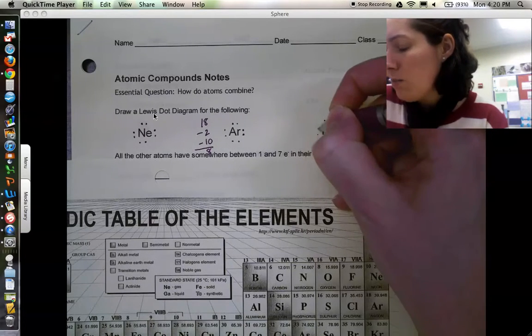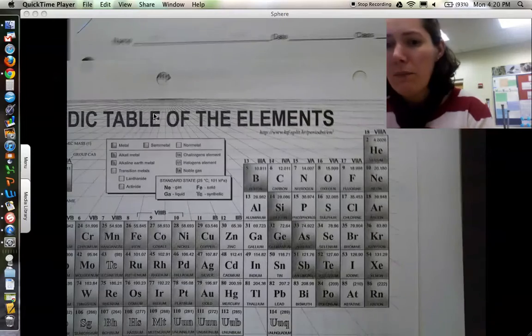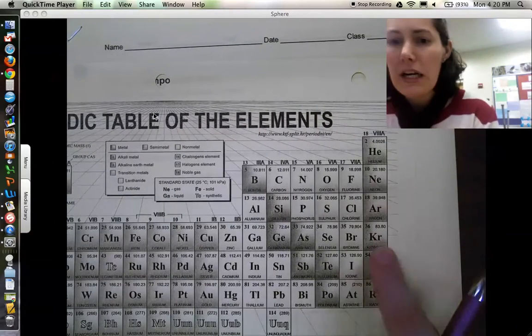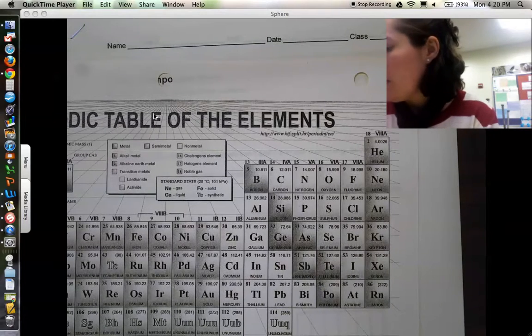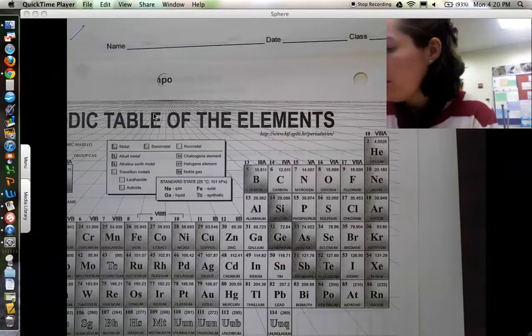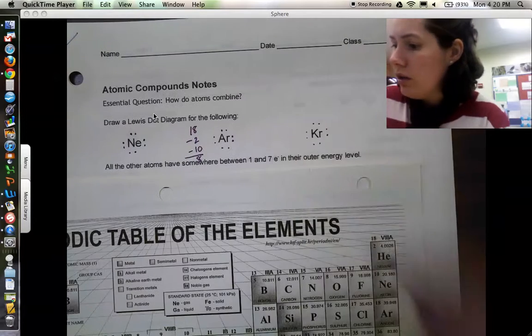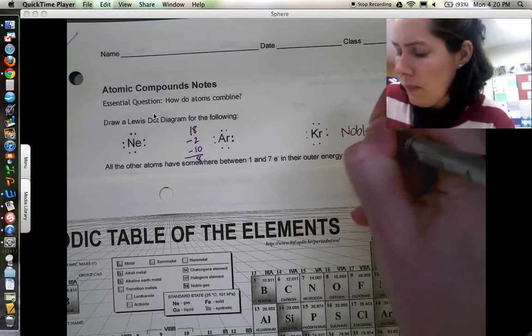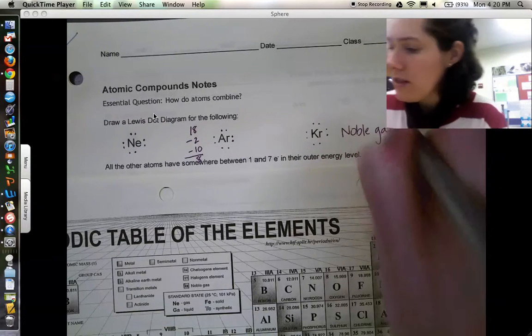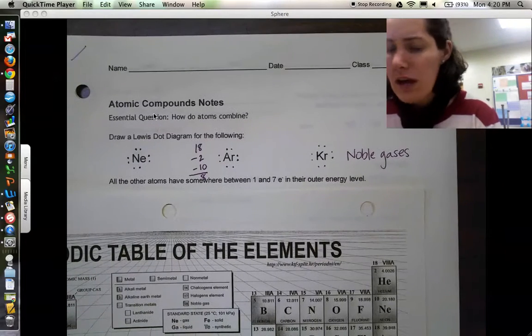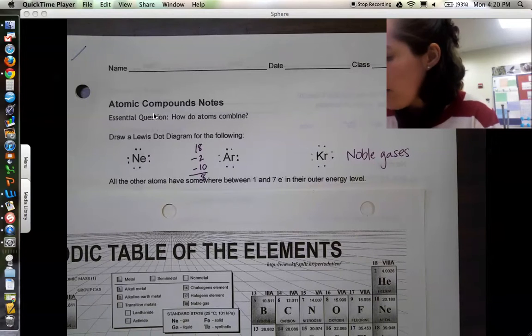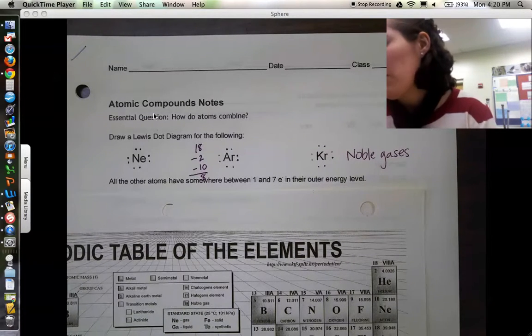And that is because if we look on the periodic table, these things are in the last group, group 18, and we have a special name for those. If you remember, we called those the noble gases. And what makes them noble gases is they do have outer energy levels that are full. And so all other atoms in the periodic table have between 1 and 7 electrons in their outer energy level.